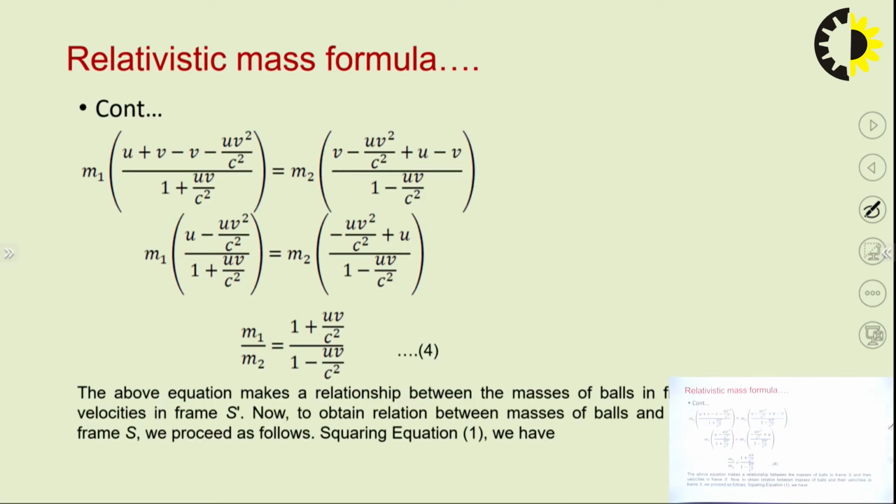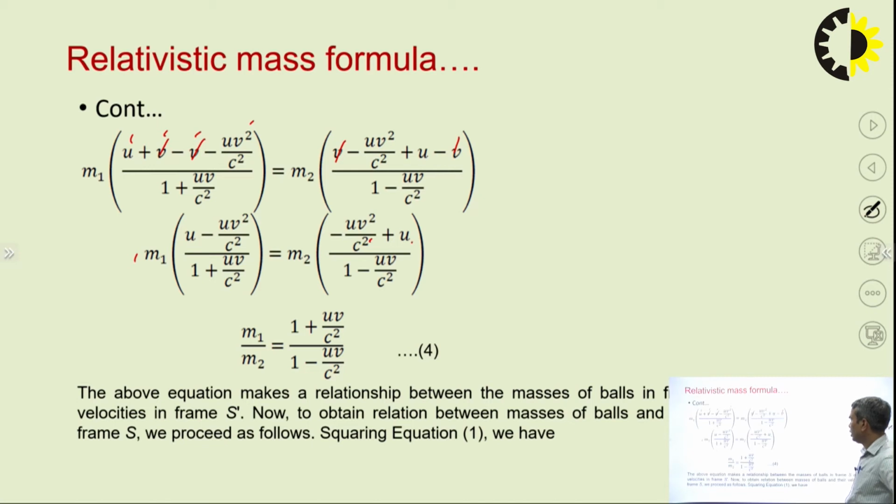So, by doing algebra, we get u plus v minus u v square by c square. So, v minus v gets cancelled. Finally, we get m1 multiplied by u minus u v square by c square over 1 plus uv by c square is equal to m2 into u minus u v square by c square over 1 minus uv by c square.